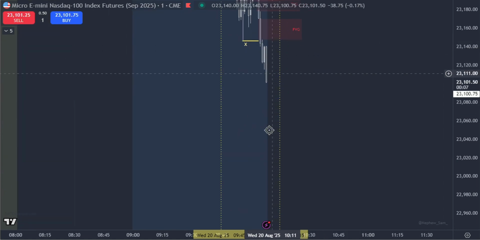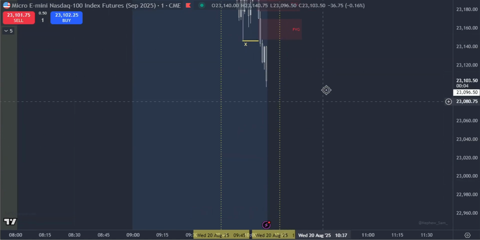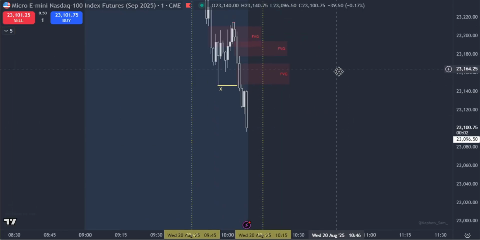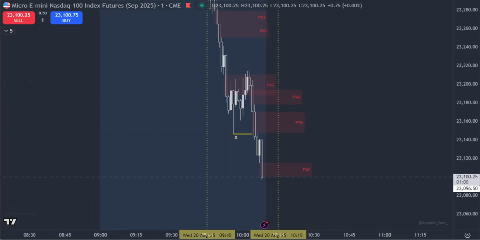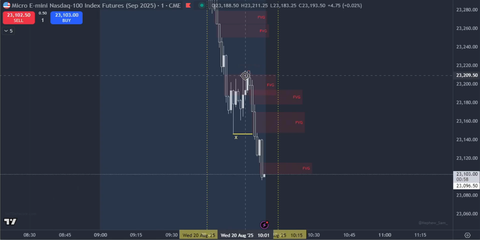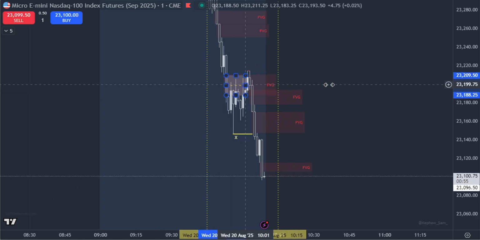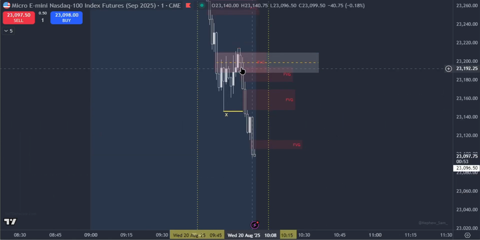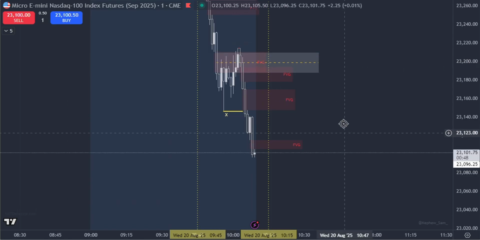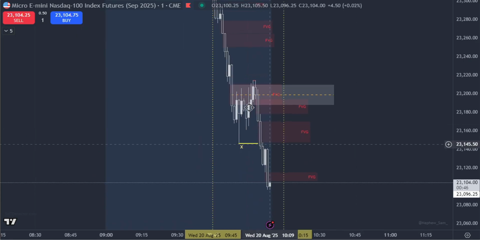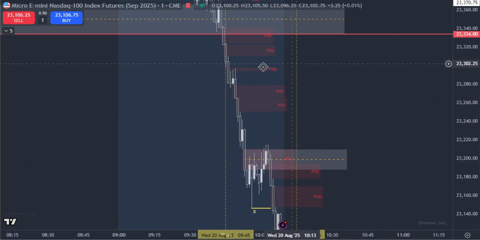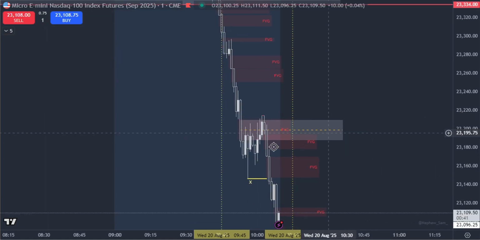But if it keeps dumping the way it's doing, I don't see a move. Even though this here could have worked out as a short for some people, to me, I wouldn't be looking for shorts here, because the probabilities to me are higher of it retracing and then looking for a short up here than shorting from here.